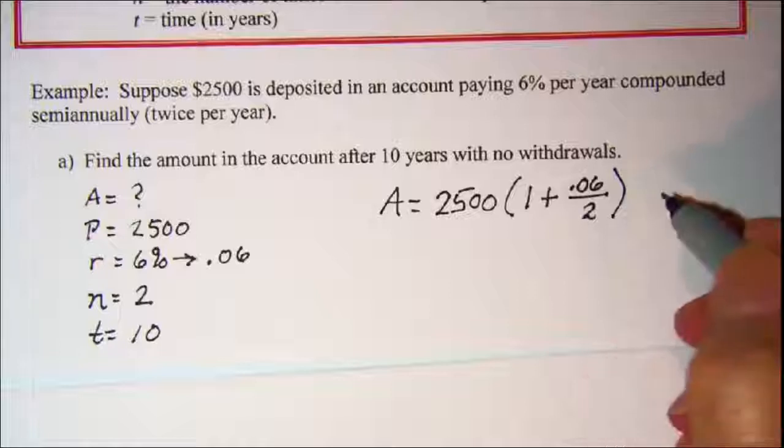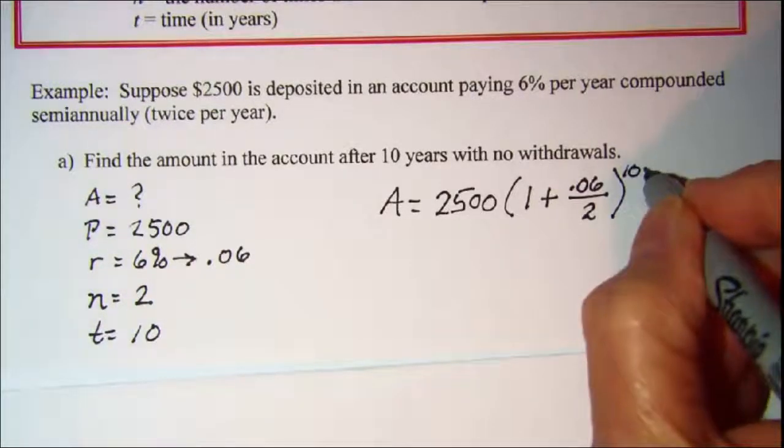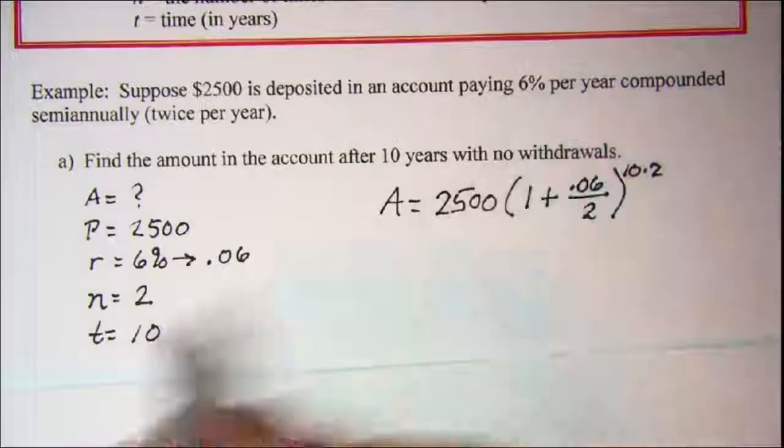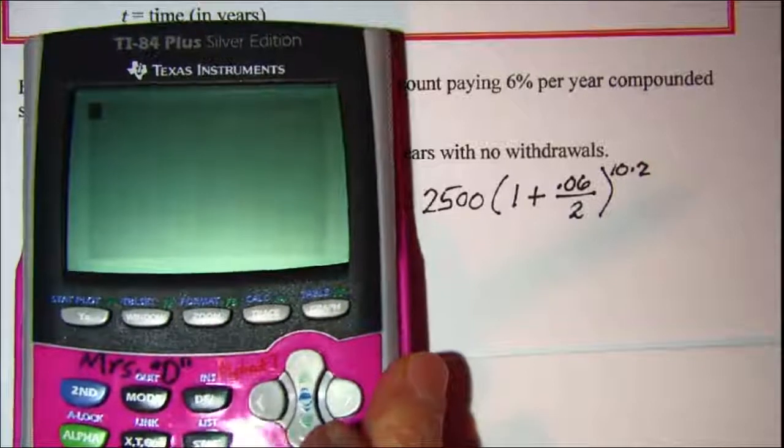And that quantity then is raised to the T times N, so 10 times 2.